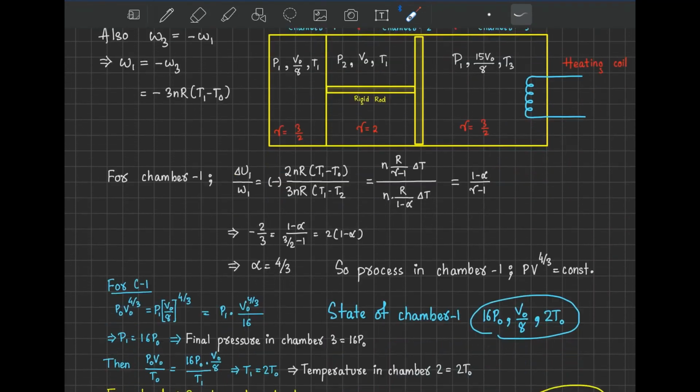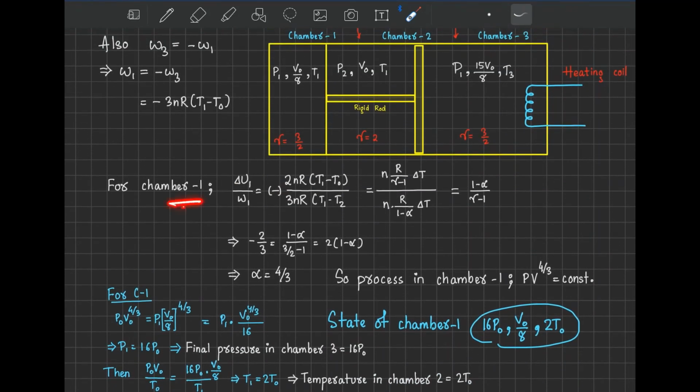Let's see. For chamber 1, we are getting delta U1 by W1 is minus 2nR dT by 3nR dT. Everything got cancelled and we got minus 2 by 3. By putting the values of delta U and W for a polytropic process, we get (1 minus alpha) by (gamma minus 1) equals minus 2 by 3.